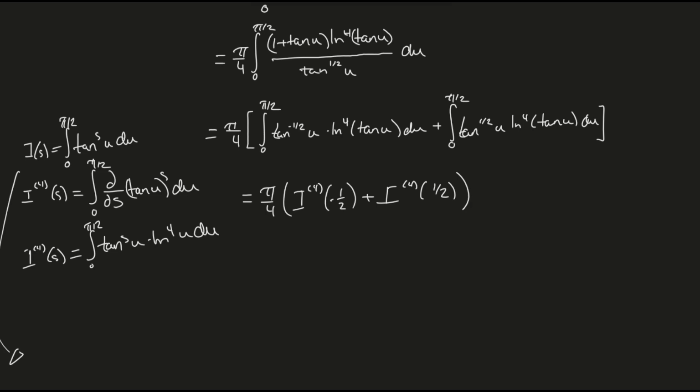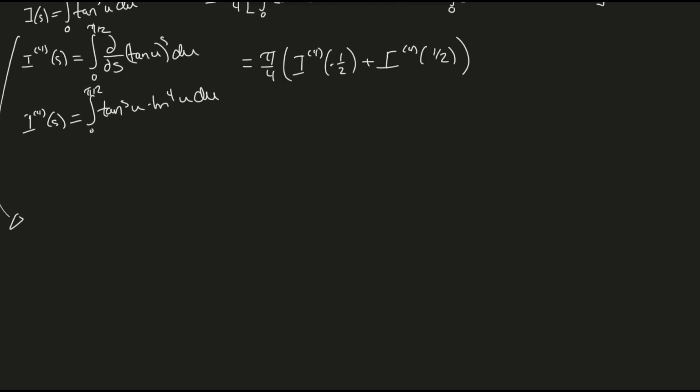And that's where the beta function comes in handy, because a tangent can be written as sine over cosine. So we have the integral from 0 to pi by 2 of sine to the s power of u times cosine to the negative s power of u du. And this looks quite a bit like the beta function.